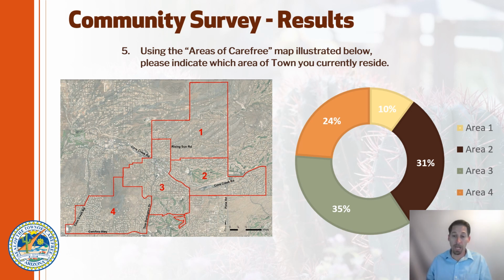So in areas 2, 3, and 4, we had a good balance of responses. And then area 1, which has a lower density in terms of the number of residents, that was reflected in the number of responses that we received from that particular area. So good distribution across the town.